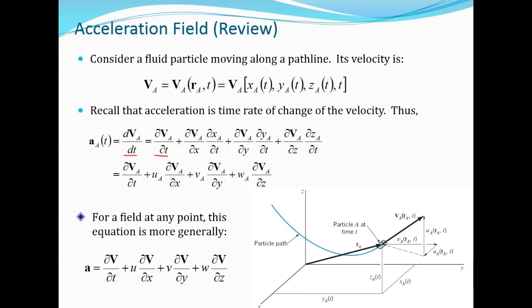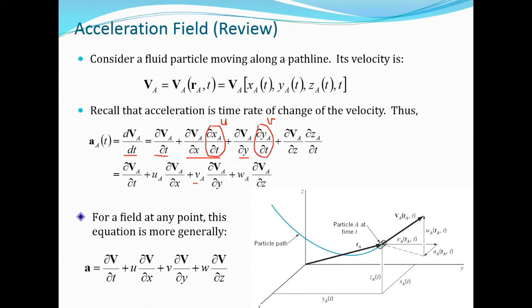But when we do that in terms of different components, we also have the derivative of the velocity with respect to the x direction times the change in the x direction with time, which is actually just little u, the velocity in that direction. Similarly, the change in velocity field with respect to y times dy/dt, by virtue of the chain rule, where dy/dt is little v, the velocity in the y direction.